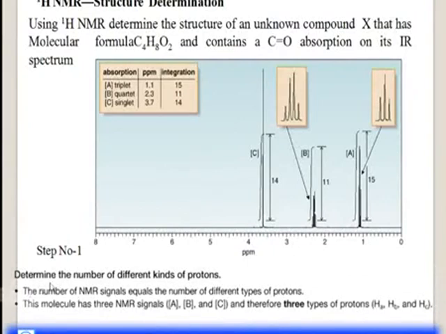First of all, determine the number of different kinds of protons, the chemically different protons we need to observe. The number of NMR signals equals the number of different types of protons. There are only 3 signals, so there are 3 types of equivalent protons. This molecule has 3 NMR signals A, B, C, and therefore 3 types of protons, which we can name HA, HB and HC.